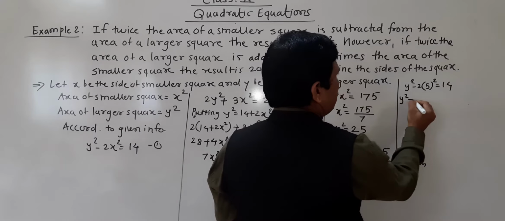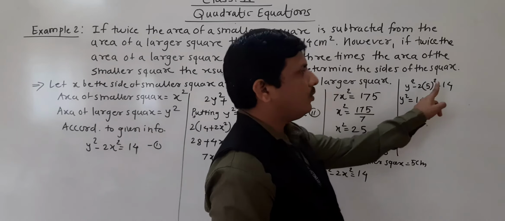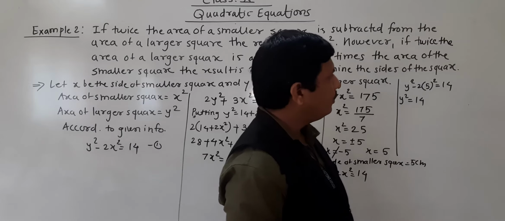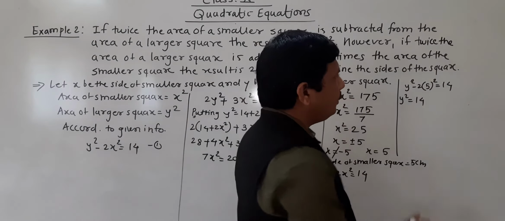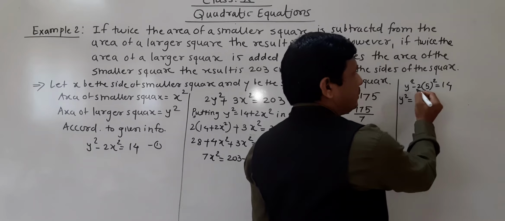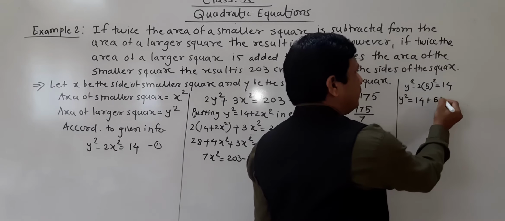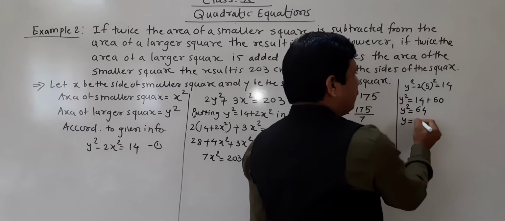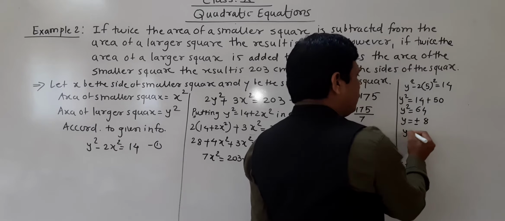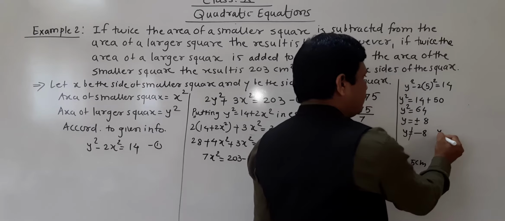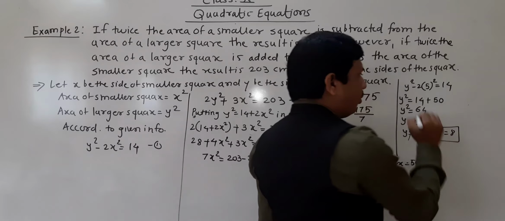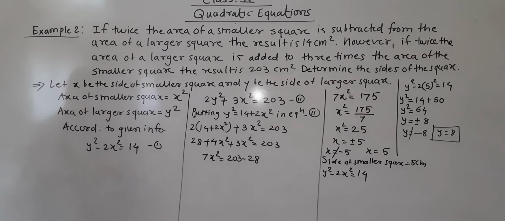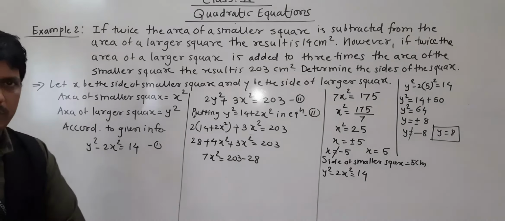So y square is equal to 14 plus 2 times 25, which is 50. So y square is equal to 64. So y is equal to plus minus 8. We cannot consider y is equal to minus 8. So the side of the larger square is 8 centimeter and the smaller square is 5 centimeter.